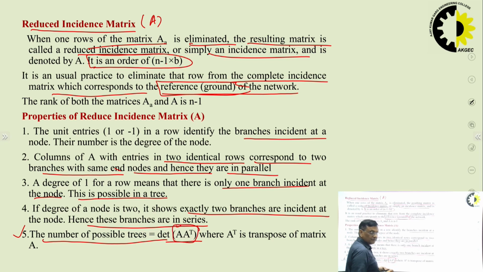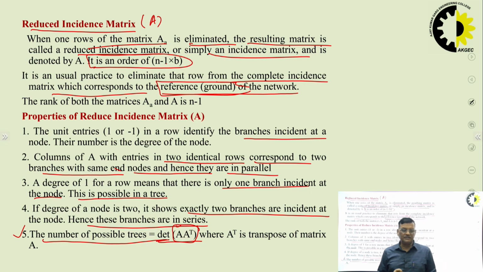After multiplication, find the determinant of that matrix. That determinant will give the number of possible trees in the given graph. So these are some properties of the reduced incidence matrix.